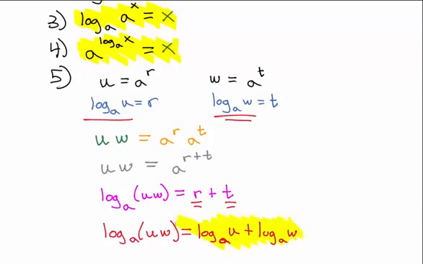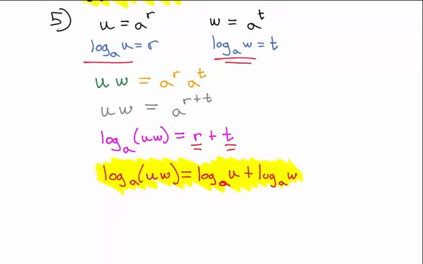This is our important fifth property. What this property is essentially saying is if we're multiplying two things, u times w, inside the log, it can be rewritten as a sum of two logs. And that makes sense, because we know that if we multiply two bases, we add the exponents. And the logs are the two exponents being added together.